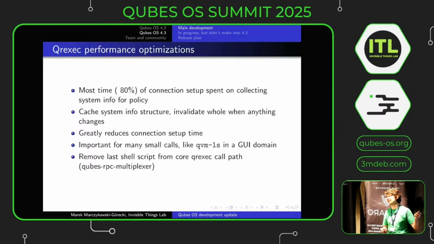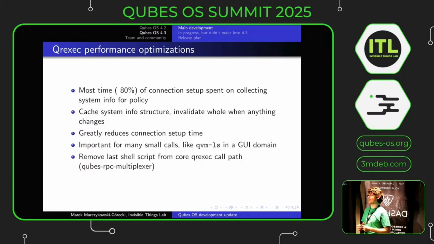This is because this command makes a lot of calls to retrieve all the information about cubes, and making a call, we looked at it, initializing the call took 50 milliseconds or more, depending on the configuration, sometimes even 100 milliseconds. If you multiply that by the number of cubes and number of properties, it's not great.